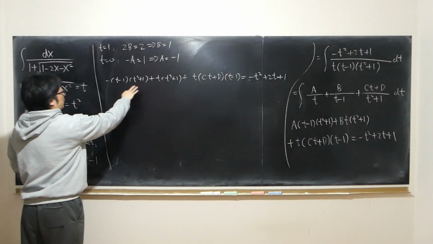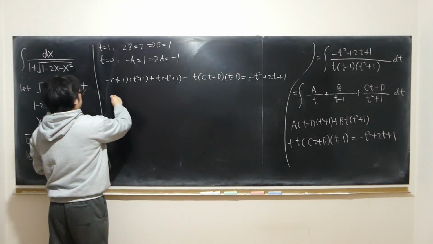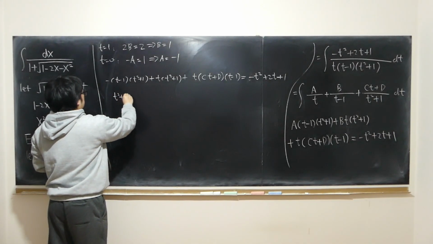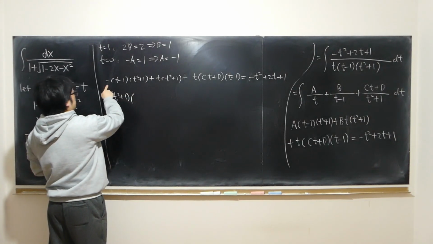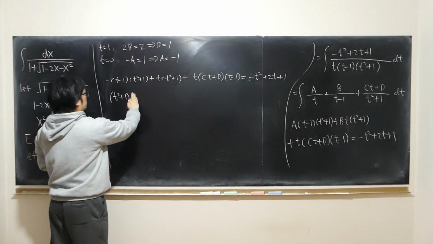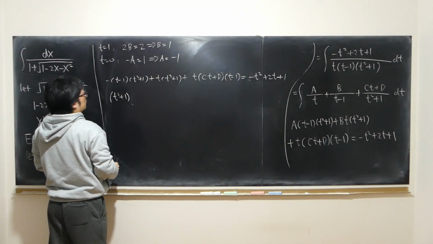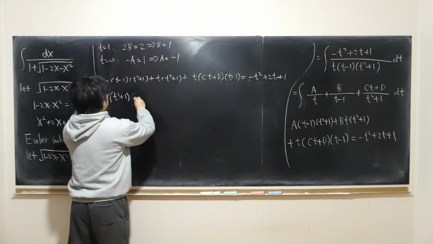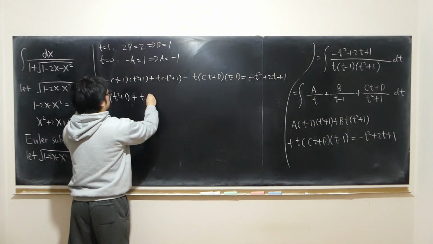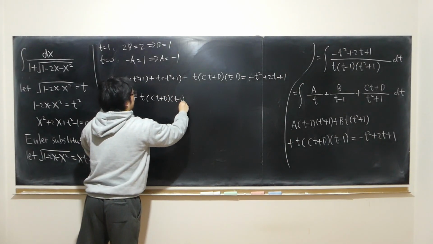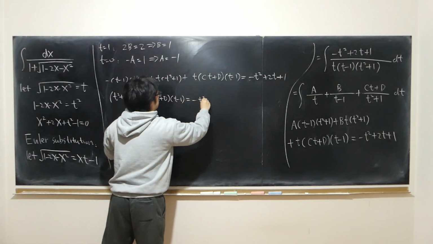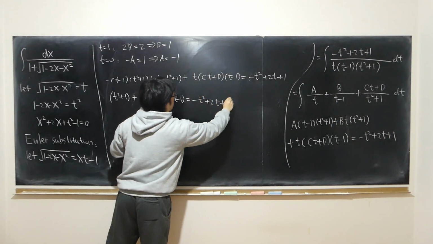So with common factor t squared plus 1, I'm left with negative t minus 1 plus t, which is just negative 1, times t squared plus 1, then plus t times ct plus d times t minus 1 equals negative t squared plus 2t plus 1.